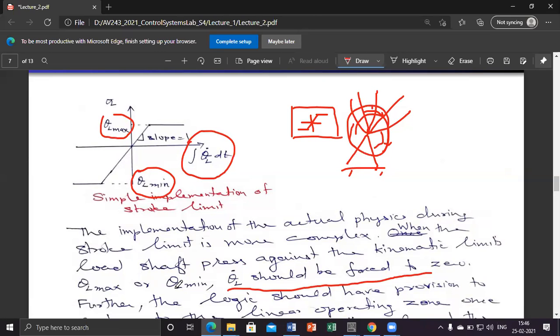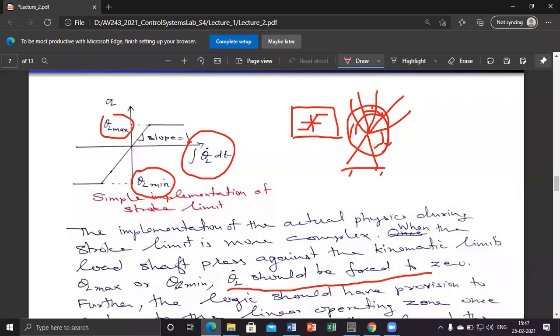How does this happen? When it presses against the stroke limit, the full applied force or torque will be balanced against the reaction force or reaction torque you are getting from the mechanical stops. So up to that level you have to go. And truly speaking, when it hits the stroke limit, there is something called impact dynamics also. It is not a simple thing.